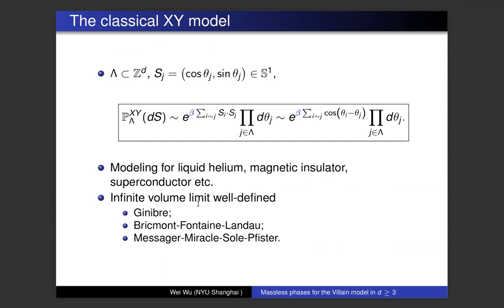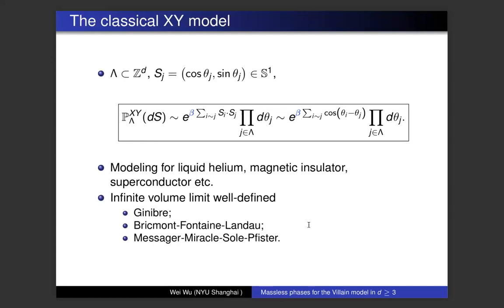So basically, as you open more and more edges, certain observables have expectation which is monotonically increasing, and therefore the infinite volume limit is going to be well defined. This was also done by this group of people in the late 70s or early 80s.